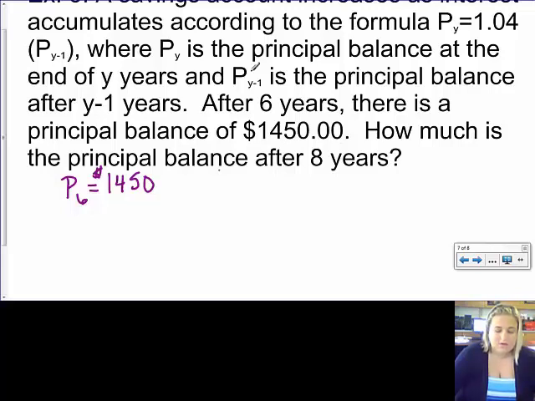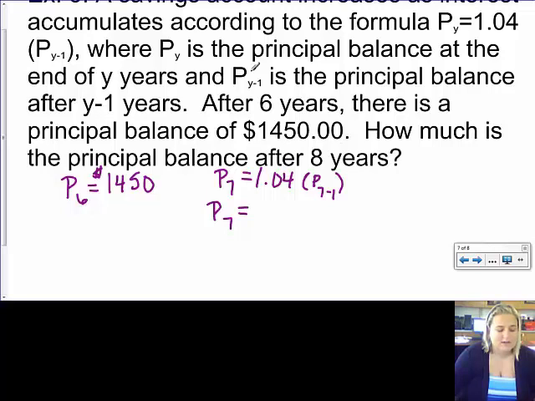What we know is that P sub 7 would have equaled 1.04 times the quantity of P sub 7 minus 1. Well, P sub 7 minus 1 is the same as saying P sub 6, which we already know. So instead of P sub 7 minus 1, we're going to plug in P sub 6.